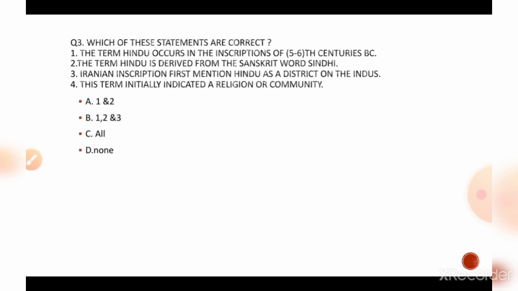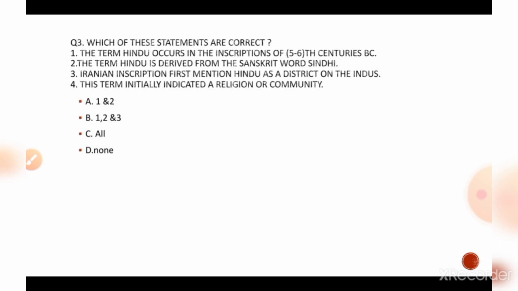Now, if we go with the first statement, the term Hindu occurs in the inscriptions at that time. This is absolutely true. When it comes to the second, the term Hindu is derived from the Sanskrit word Sindhu, which is absolutely correct. Sindhus were the people who used to live along the river Sindhu or Indus River.